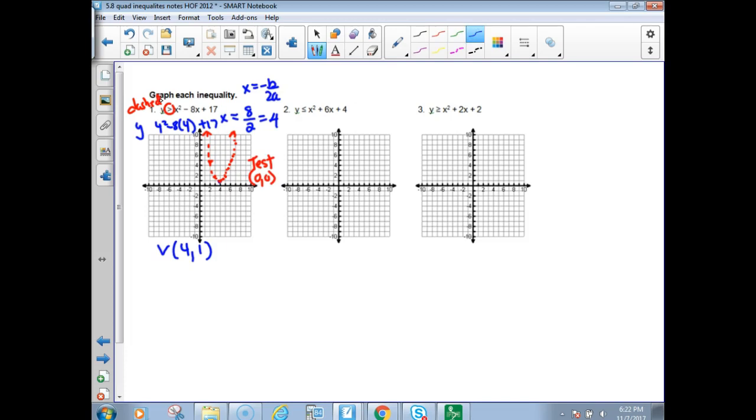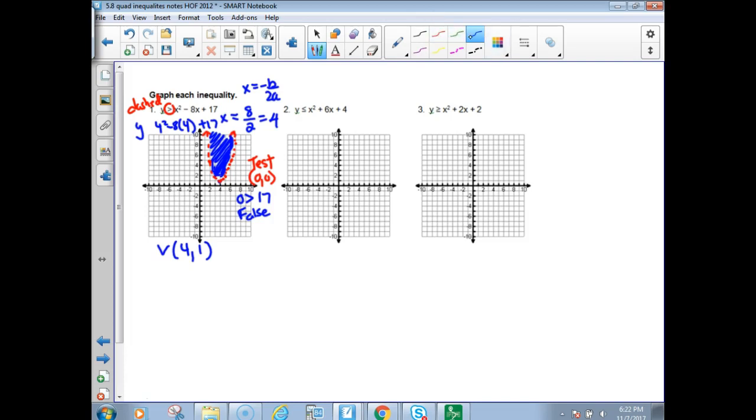If we plug in 0 for y, we want to check if it's greater than, which is the symbol in the inequality, 0 squared minus 8 times 0, that's going to be 0, plus 17. Is 0 greater than 17? Because this is false, we're not going to shade where (0, 0) is. We're going to shade on the inside. So all of these points on the interior of the parabola satisfy this inequality.